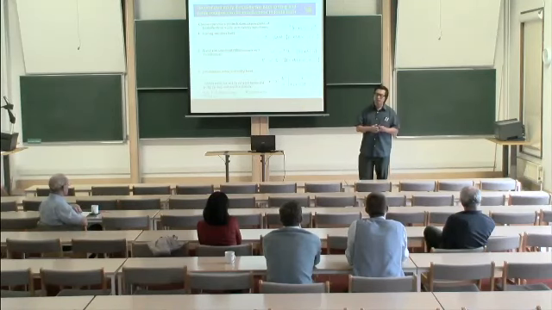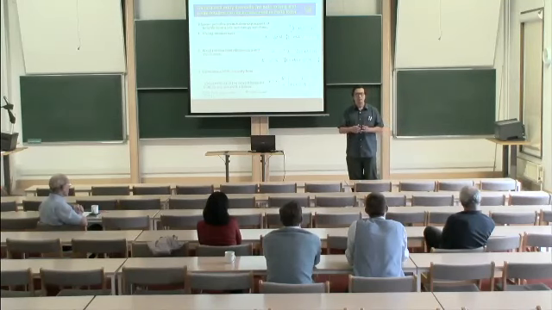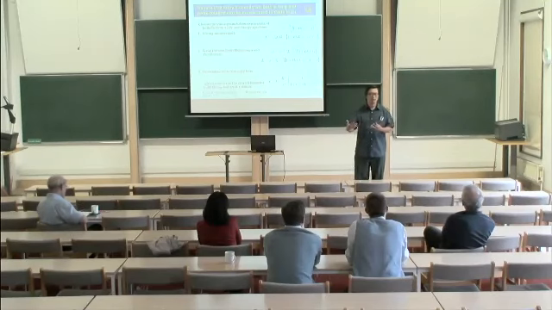If the rotation is really strong, you more or less destroy the whole triadic interaction process in the inertial range, and you shut down the transfer of energy from large to small scales.